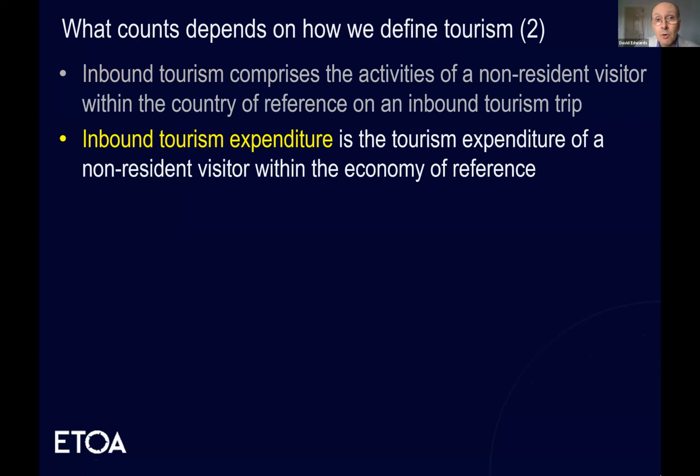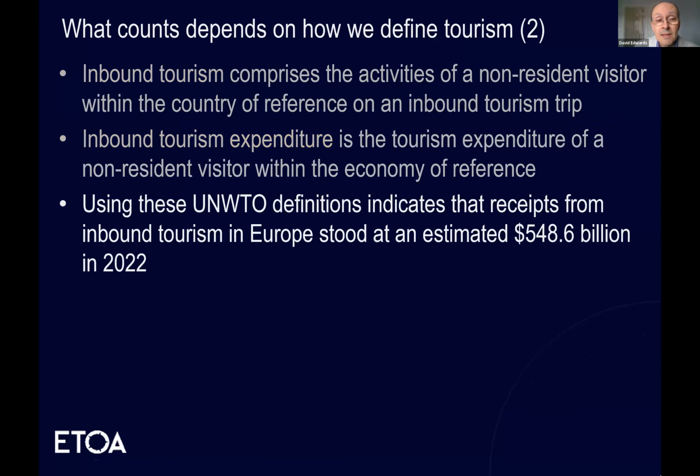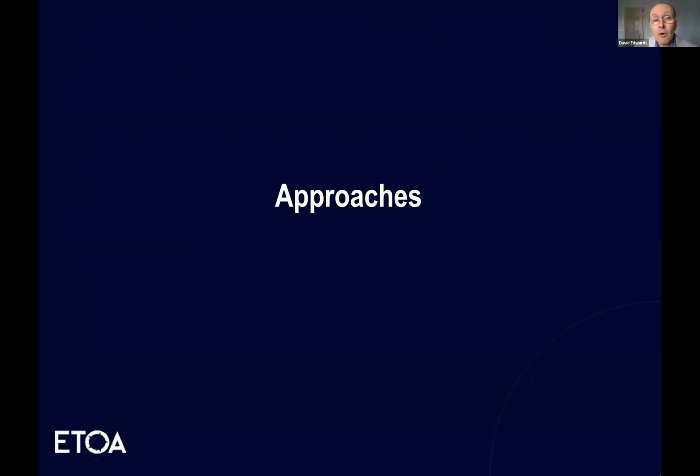So if we use all of those definitions, then we find that according to UNWTO, receipts from inbound tourism to Europe stood at an estimated $548.6 US billion last year. And that compares with about 584 billion US dollars back in 2019, without having adjusted for exchange rate changes and indeed inflation.